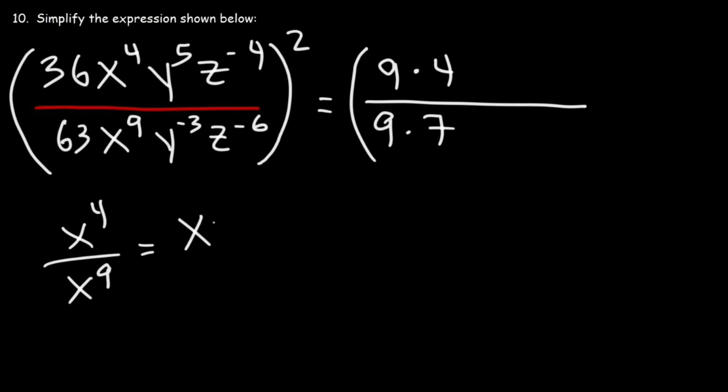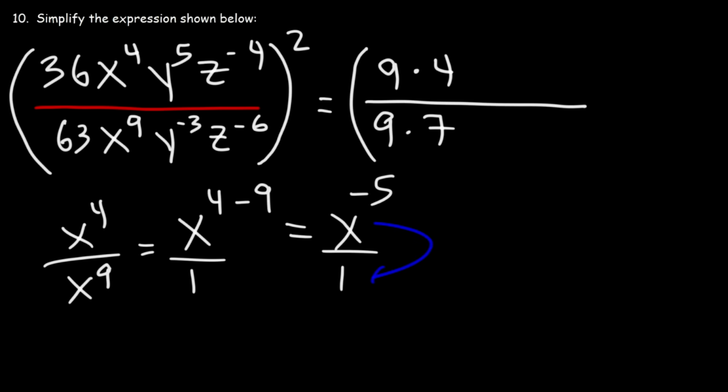Take the top number, which is 4, and then subtract it by the bottom number, which is 9. 4 minus 9 is negative 5. Now you can put a 1 on the bottom if you want. After you subtract it, whatever result you get is initially on the top. Now when dealing with a negative exponent, you need to move the variable to the bottom to make it positive. So this is 1 over x to the 5th power.